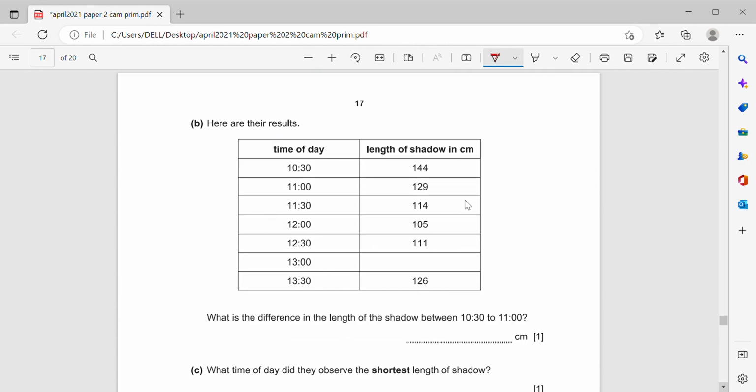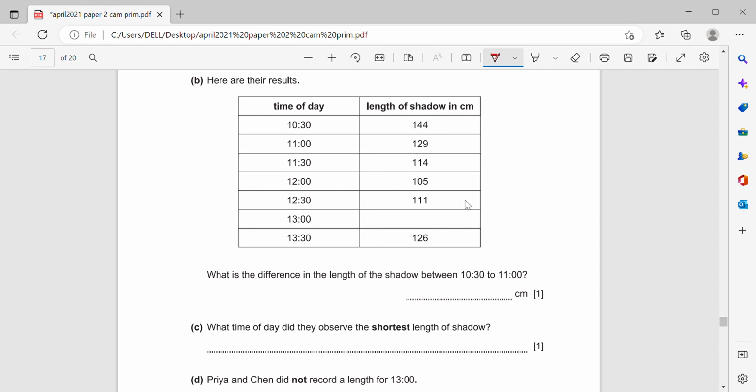Here are their results. Time of the day 10:30, 11, 11:30, and so on. The length of shadow in centimeters. What's the difference in the length of the shadow between 10:30 and 11? At 11 I have 129 and at 10:30 144, so 144 minus 129.